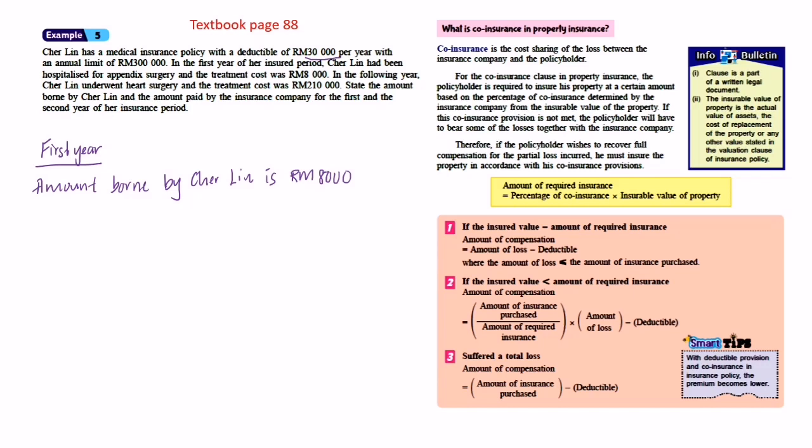So Cherling needs to pay on her own 8,000 ringgit. Second year, the treatment cost is 210,000, which is more than the deductible amount, 30,000 ringgit. So the amount borne by Cherling is 30,000 ringgit.